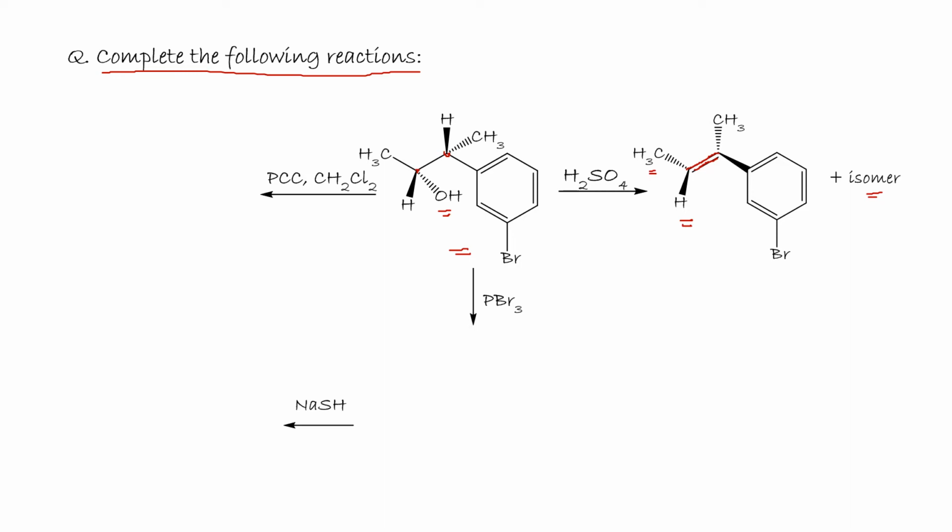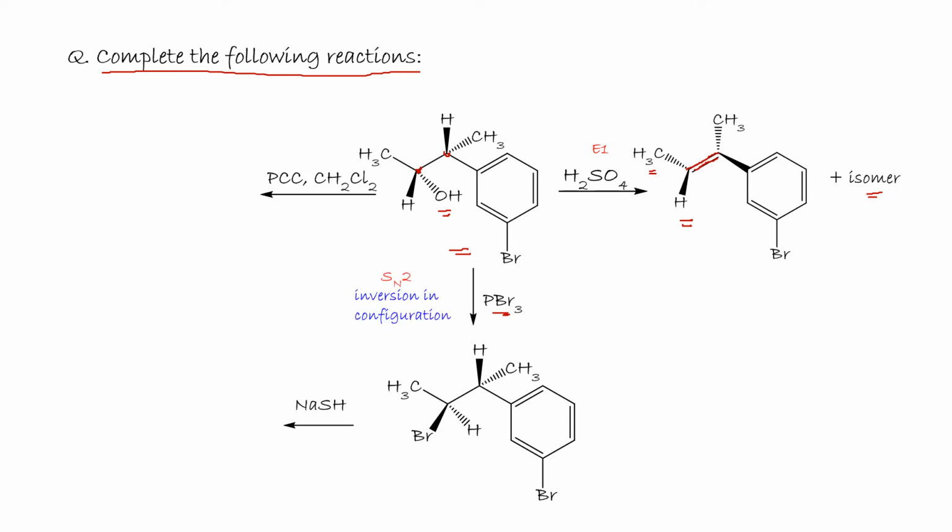PCC and PBr3. With PBr3, we get a displacement reaction. OH out and Br is in. As you can see, with inversion in configuration, because the reaction goes by the SN2 mechanism.